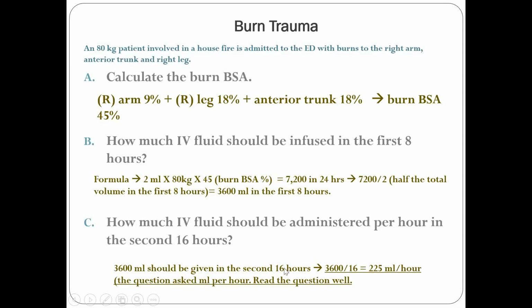Now that's not the answer. Wait, the question asks how much per hour. So if we know that this 3,600 mils has to be given in 16 hours, we're going to divide 3,600 by 16, and that's going to give us 225 mils per hour.